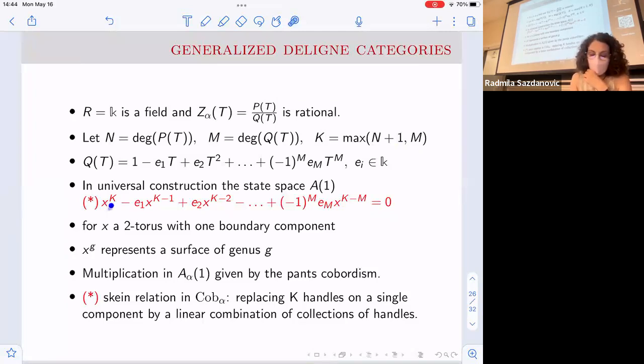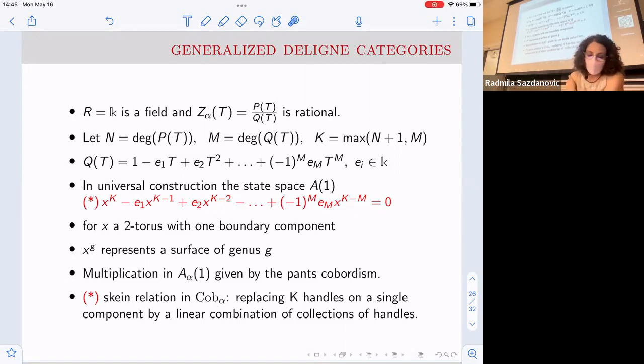And then this variable x actually corresponds to a torus with just one circle in its boundary. So it's a genus 1 generator of the state space of one circle. Well, this thing is actually our skein relation, right? If you go back to what I was talking about, we're going to have a finite number of generators, and anything with more than this many handles will be expressed in terms of a linear combination of lower dimensional handles.